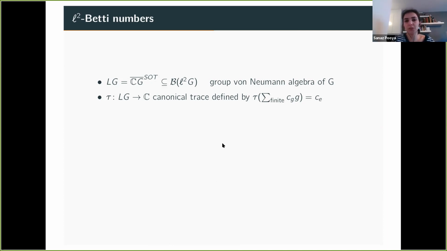So recall that the group von Neumann algebra of G is just the strong operator topology closure of the group ring inside bounded operators on L2 of G. This comes always with a canonical trace, which associates to finite sums of elements inside the group ring the coefficient of the identity.